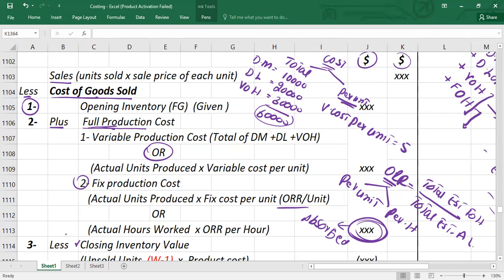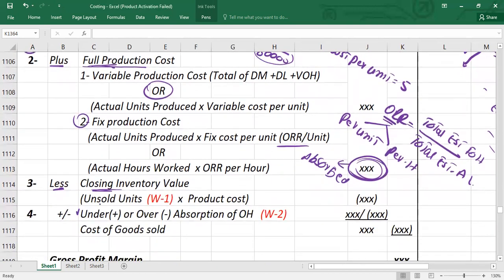So now guys, the third. Here I'm going to talk about how to calculate the value of closing inventory. For the closing inventory, always you need unsold units first, because closing inventory consists of those units which are not yet sold. You need unsold units, and we will multiply with the product cost. So the first question is how you will calculate the unsold units if it is not given.